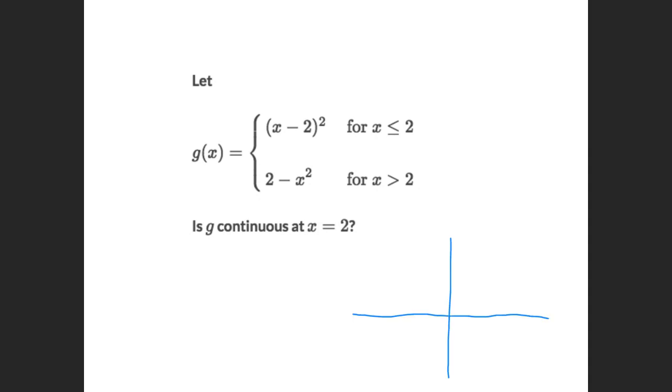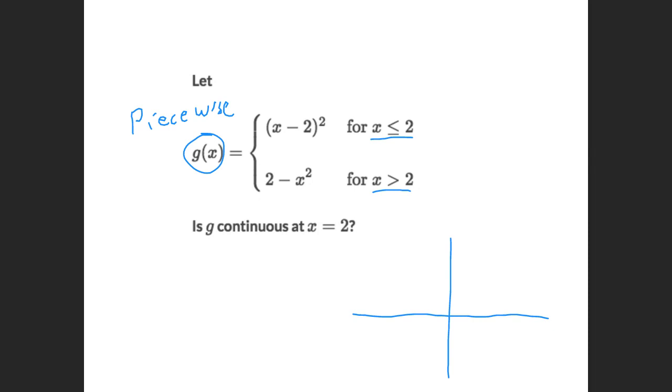This whole function here is called a piecewise function. Why is it called a piecewise function? Because there's two pieces to the graph. There's a piece that you graph when x is less than or equal to 2, and there's a piece that you graph when x is greater than 2. So it's called a piecewise function.